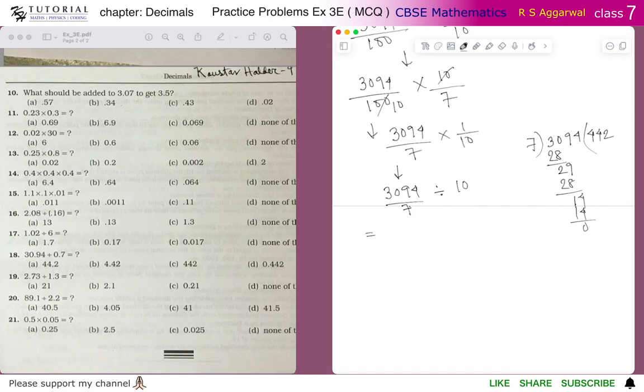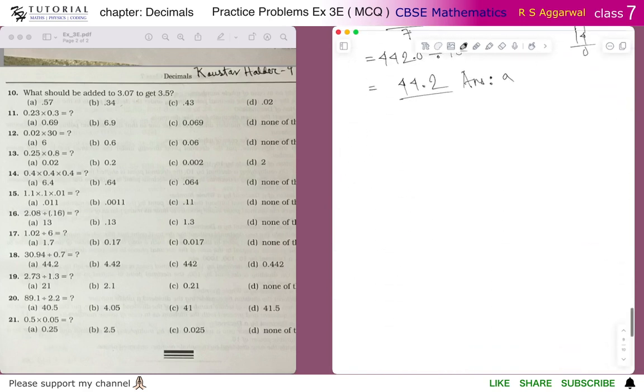So this is 442 divided by 10. Now 442 means 442.0. So this is the decimal number divided by 10, which means we have to shift the decimal point left by one place. So this becomes 44.2. This is the result, and the choice will be A. This was 18. Okay, let's see 19.